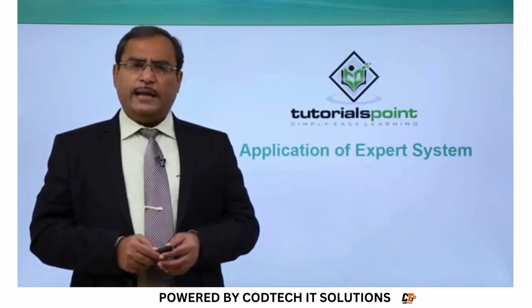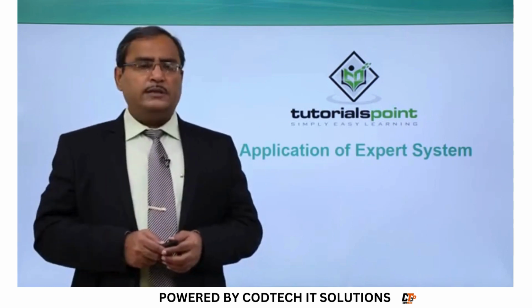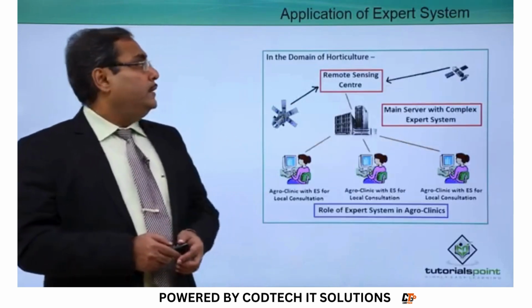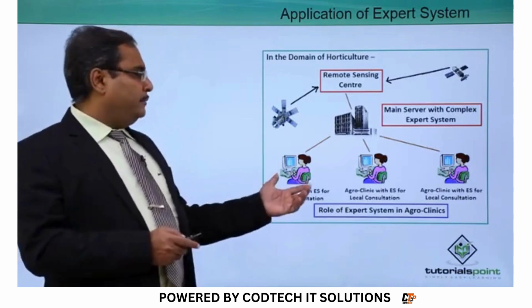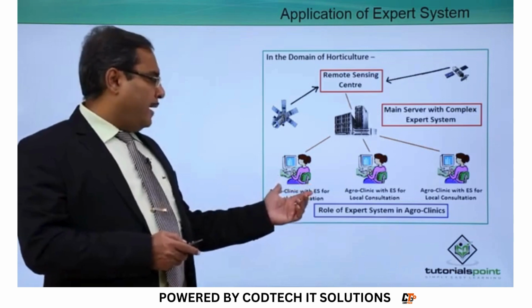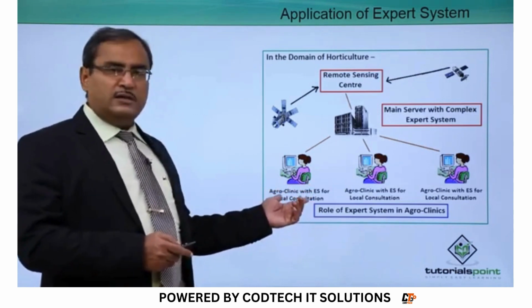Expert system has application in different domains. Some of the domains we will be considering in this session. So, the domain of horticulture. In this diagram it has been depicted that we have an agro clinic with expert system for local consultation.